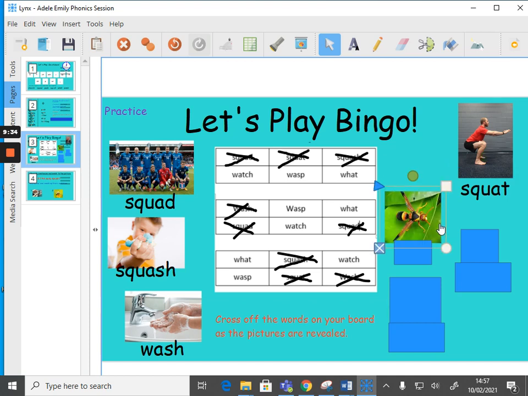Our next picture is of a wasp. W-O-S-P. Wasp. It's the O sound, again spelt with an A, because we know that after the short O sound is spelt with an A. Okay, wasp. Here it is. Let's cross it out.